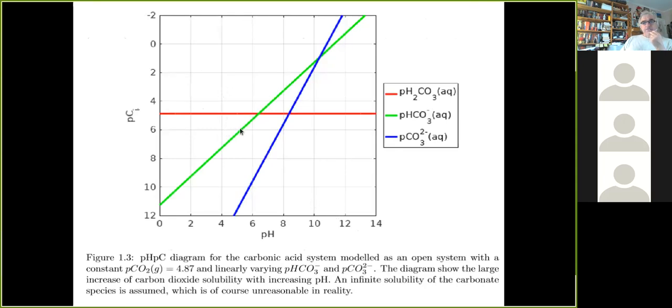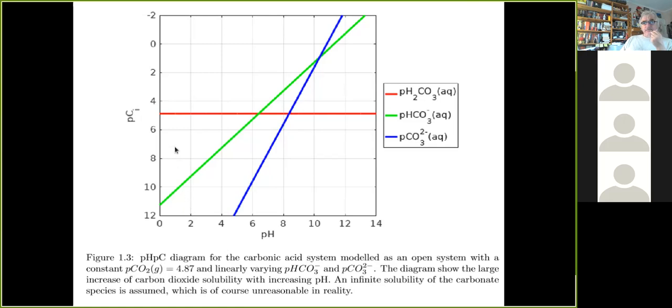Here is the same logarithmic diagram as we saw before, but with the constant pressure of carbon dioxide and thus carbonic acid. The carbonic acid is 10 to the minus 4.87 from the process that produced carbonic acid from carbon dioxide in the atmosphere.